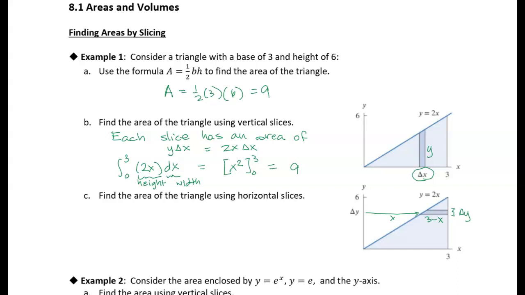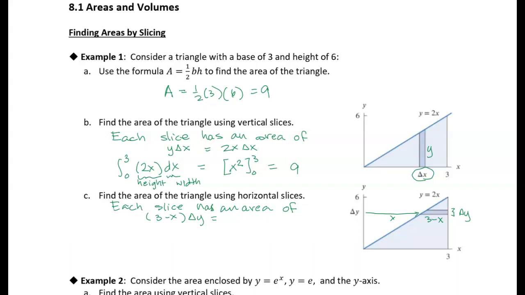Each slice has an area of basically 3 minus x times delta y. But since we've got delta y, we want to integrate with respect to y.